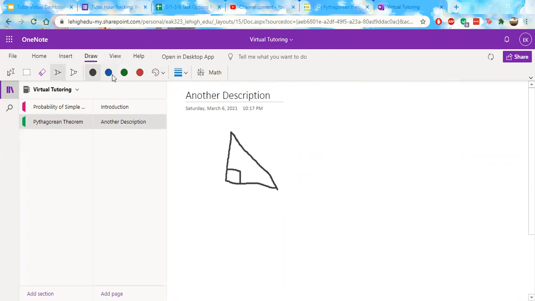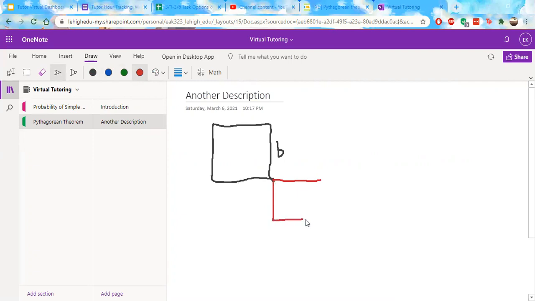Or hold on, here's what we're going to do. Let's say we have a square, right? So of side length b, right? And let's say we have another square over here of side length a, right?